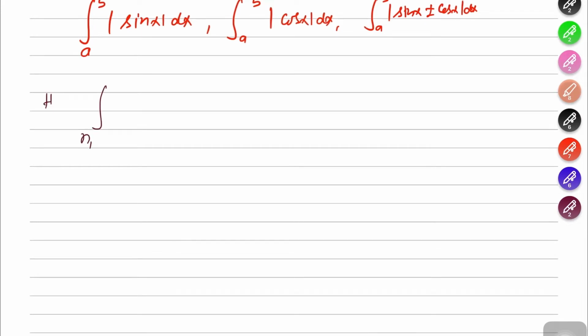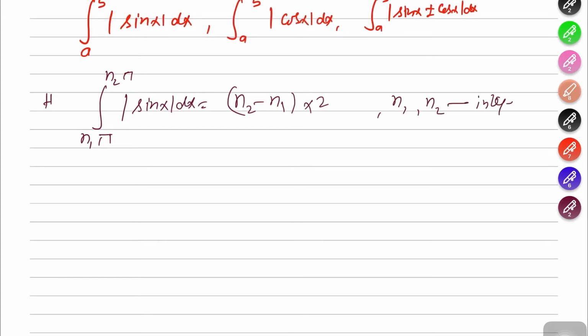If n1 and n2 are integers, then the integral from n1 pi to n2 pi of mod sin x dx can be written as (n2 minus n1) into 2. Mind it, here n1 and n2 are integers.